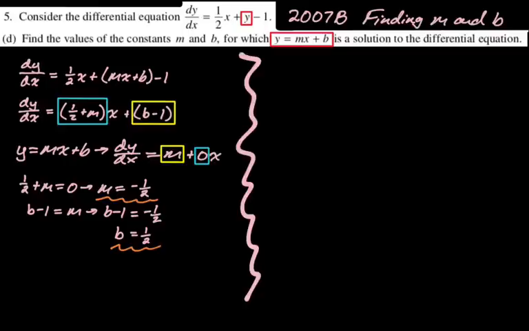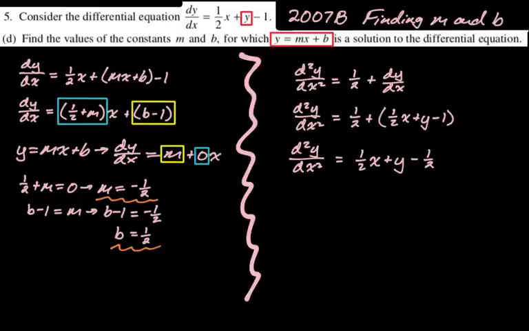So here goes. I'm going to find the second derivative. Why am I doing that? Because y equals mx plus b has a second derivative that is 0, so I can use that. So here's my second derivative. Don't forget implicit, right? The derivative of y is dy dx. Then I had to sub for dy dx, 1/2 x plus y minus 1.